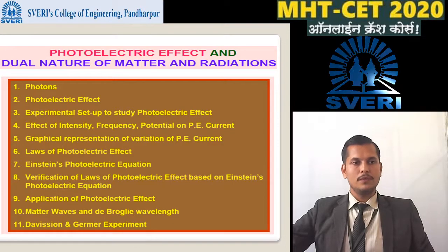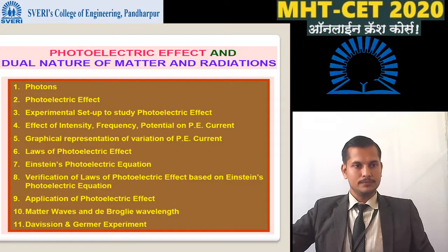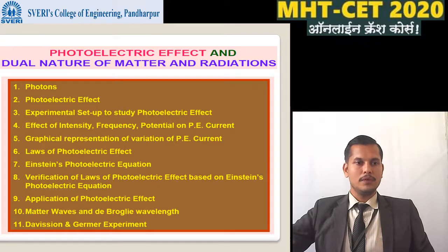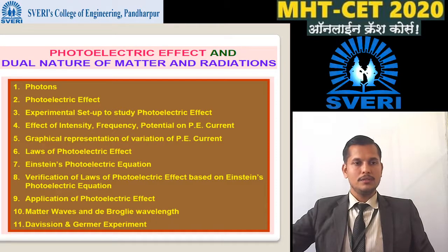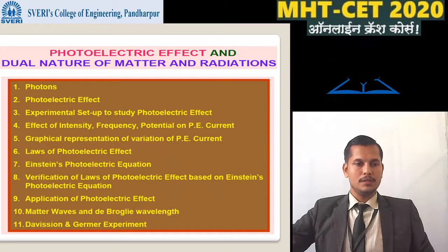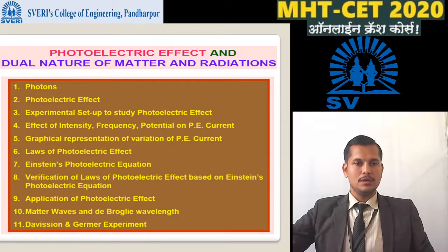We check first what points we are covering: what is meant by photons, then the photoelectric effect, how this photoelectric effect takes place, the experimental setup to study the photoelectric effect. Next is the effect of intensity, frequency, and potential on photoelectric current.